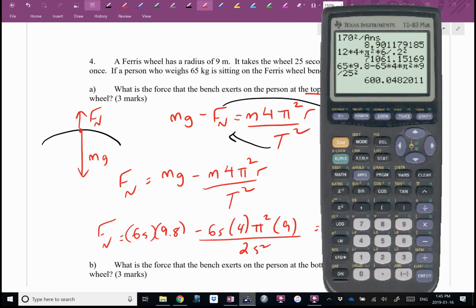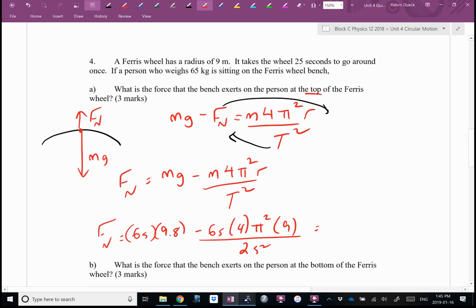You get almost bang on 600? So 600 newtons. If you got that right, 3 out of 3. Otherwise, I would probably go 1 mark for that, 1 mark for that, half mark for the numbers, and a half mark for the answer.